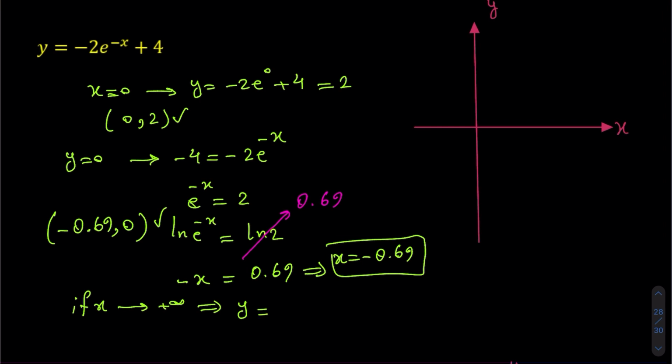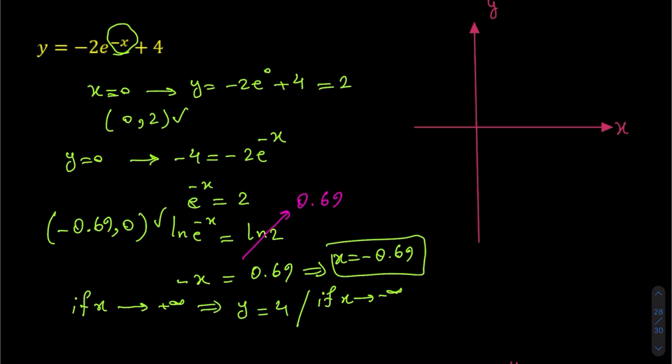Y will be equal to, so if we just substitute x with positive infinity, you see there is a negative. So negative times positive infinity will be negative infinity, and e to the power of negative infinity means 0. So 0 times negative 2 will be 0, and then only 4 will be left. Okay? And if x approaches negative infinity, let's see what will happen then.